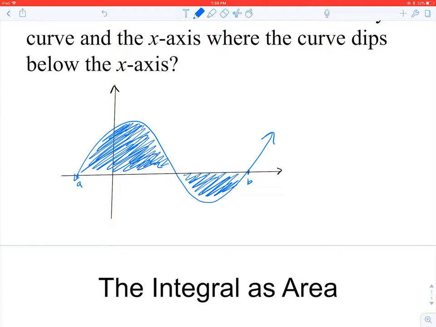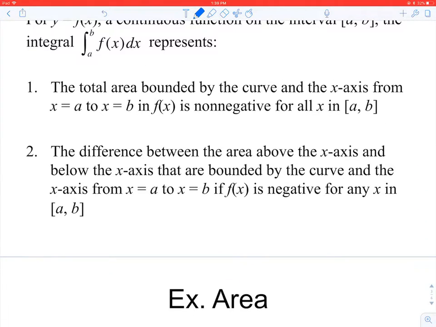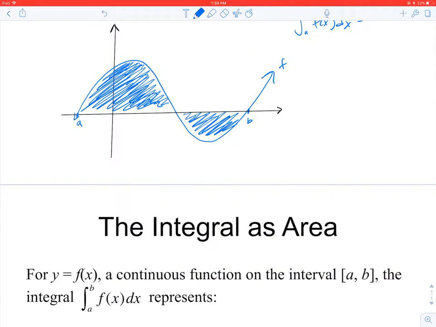So if we were to integrate this function from a to b, the integral would actually end up being the difference between the area above the x-axis and the area below the x-axis. And that's because if you, let's call this x value c.